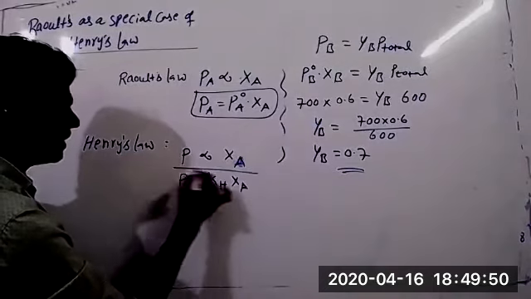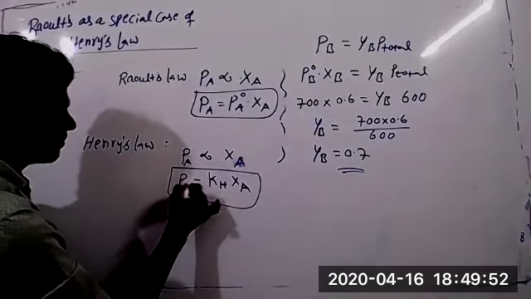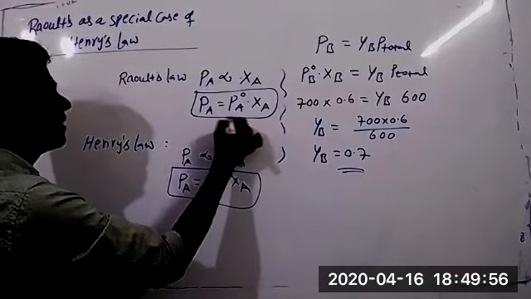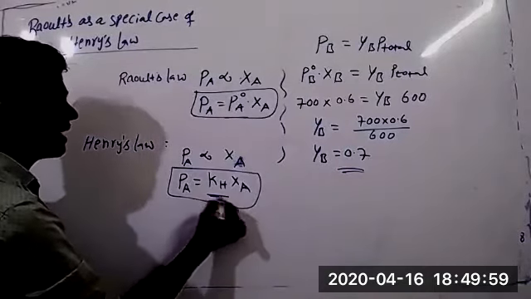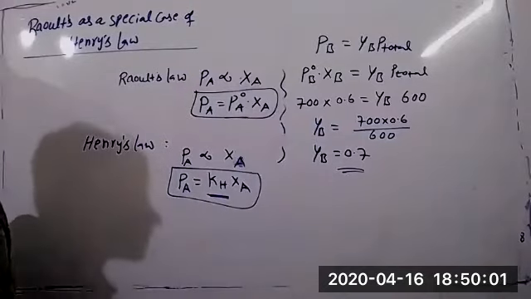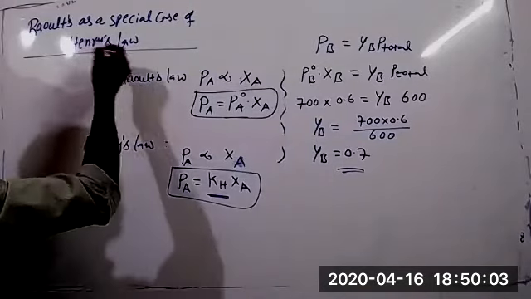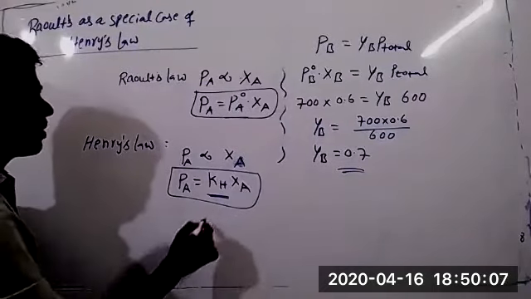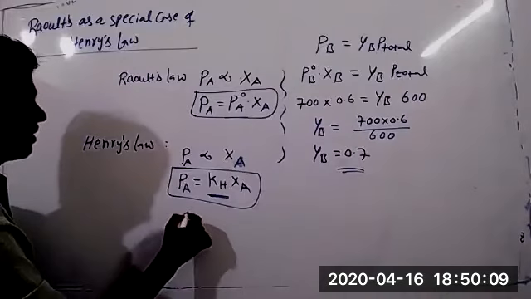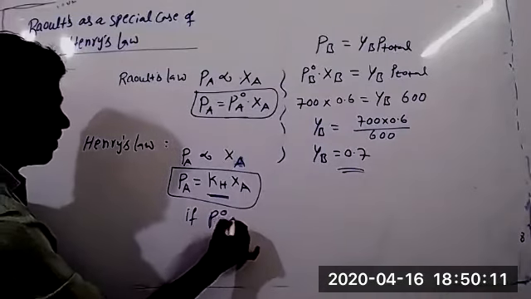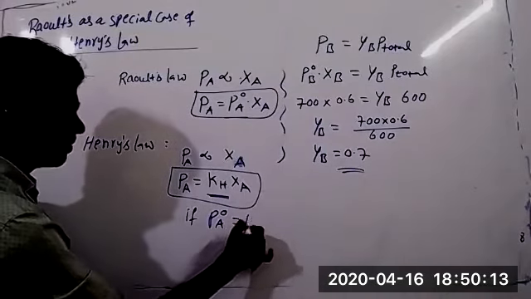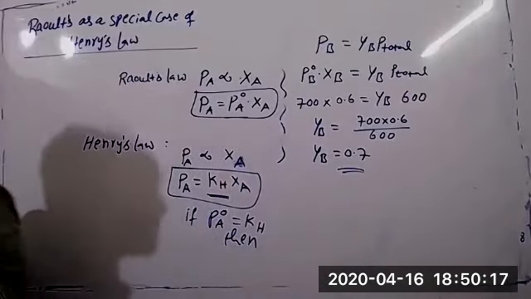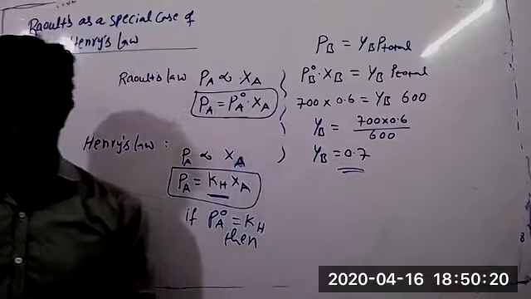So what is the difference here? Only the proportionality constant is different. In Raoult's law, we take PA power 0. In Henry's law, Kh is the proportionality constant. So now we can say Raoult's law is a special case of Henry's law in which PA power 0 becomes Kh.